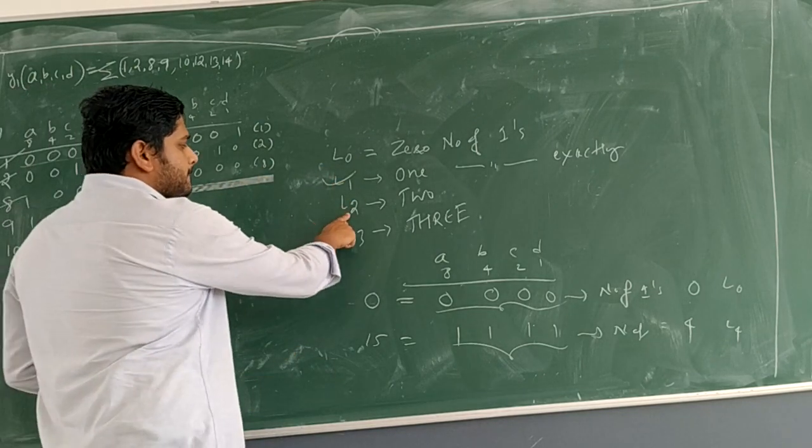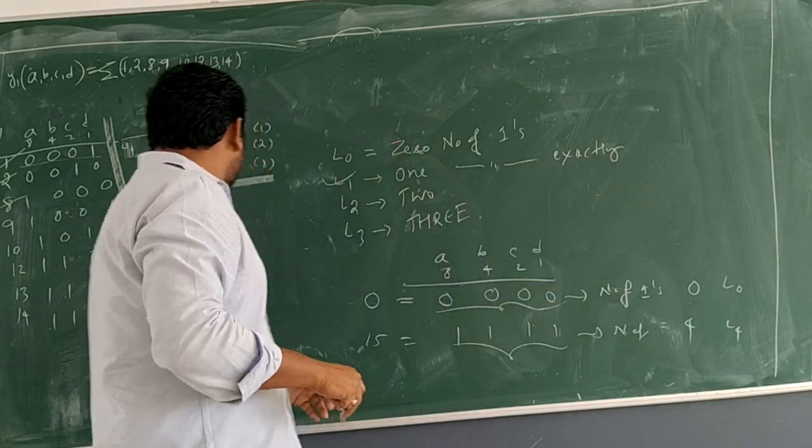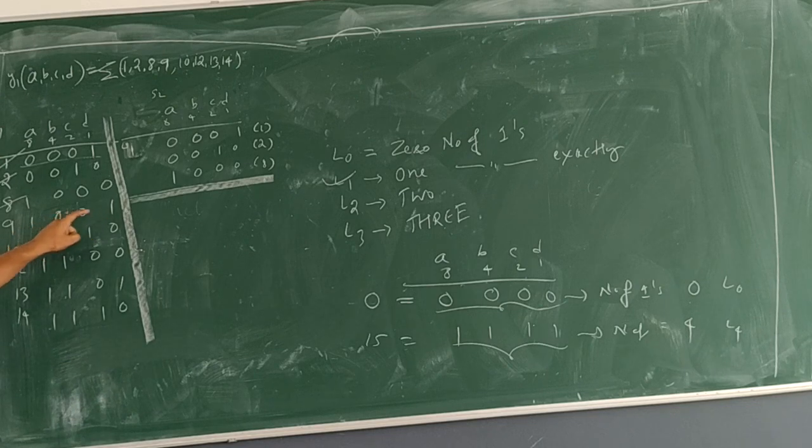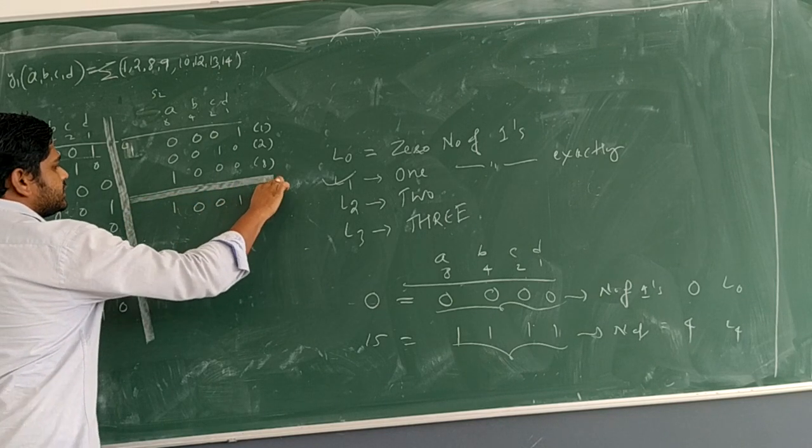What is L2 now? L2 is exactly two number of ones. So check in 9, 10, 12, how many ones. We have 9, which is 1001.